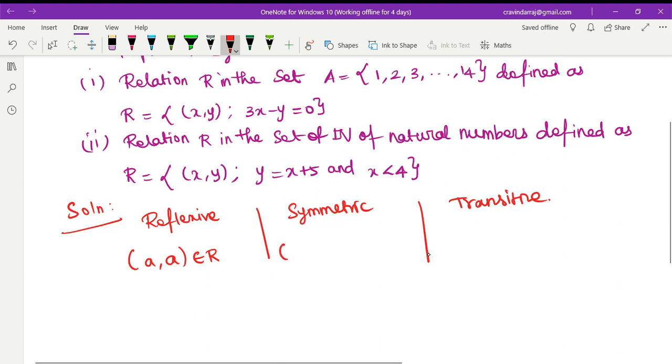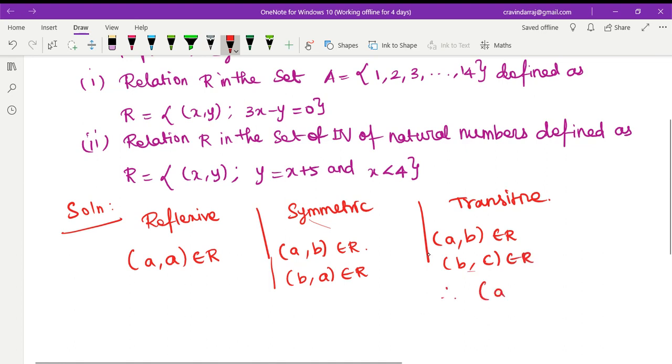Symmetric: if (a, b) belongs to R, then the reverse pair (b, a) also belongs to R. And transitive: (a, b) belongs to R, (b, c) belongs to R, therefore (a, c) belongs to R.